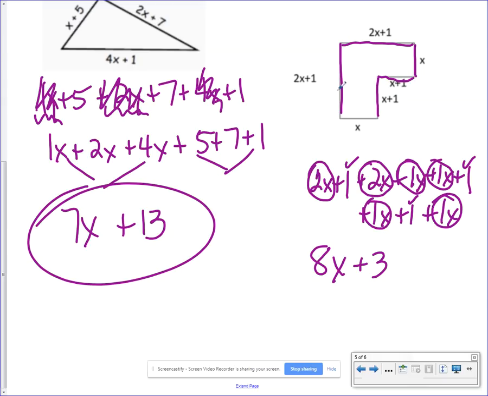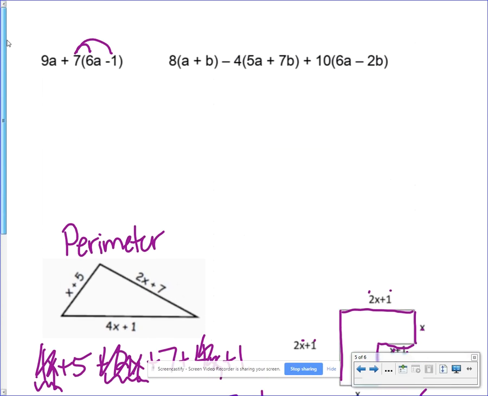I did when I was writing all this down. Shame. Yep, I missed a 1 up here somewhere because we should have 4 for our constant. So I'm going to fix that. 2x, 2x, that's 4, 5, 6, 7, 8. All right. So somewhere in that mess, I made a mistake. You make sure you are super accurate as you're doing these.